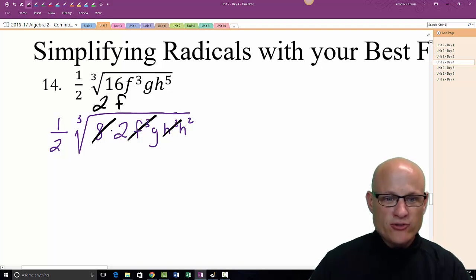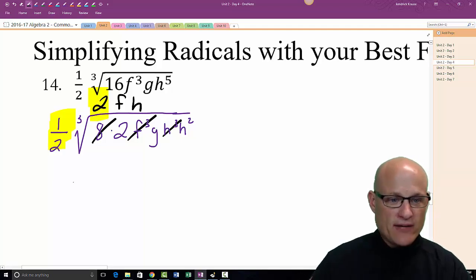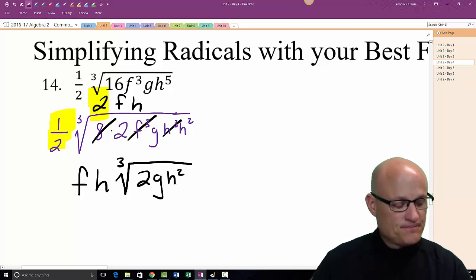The cube root of h cubed is h. So now you got to be careful. I've got 1/2 times 2, so you got to take care of that first. 1/2 times 2 is just 1. You can write a 1, or I don't have to write anything there. It's really just f h cube roots of 2g h squared.